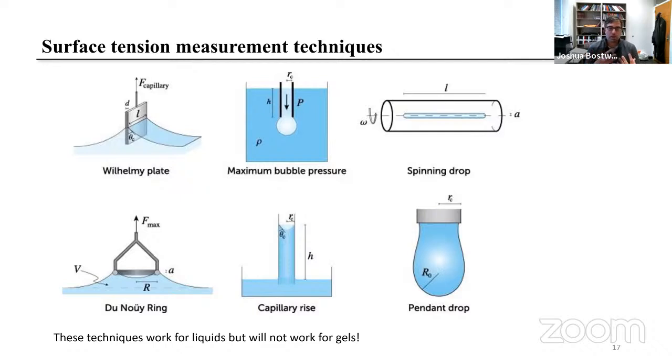If you were to pull a Wilhelmy plate or a du Noüy ring out of a gel, it would actually fracture that material, and when you fracture that material, you basically destroy the whole principle of that measurement technique. Similarly, these techniques do not work for the pendant drop method either, because we don't currently have any existing method to predict the shape of a pendant drop that also has a finite elasticity.